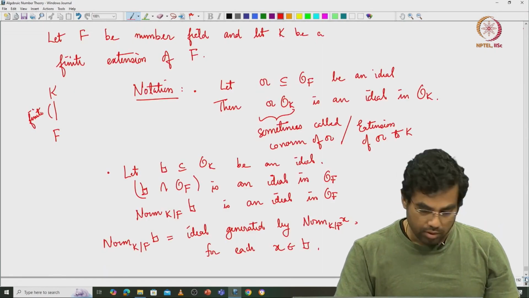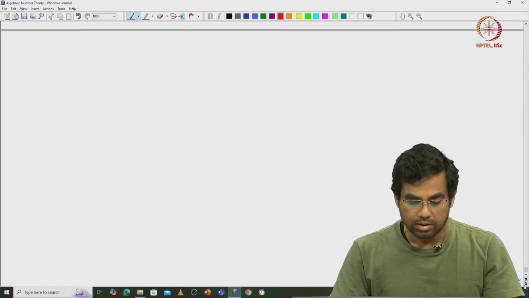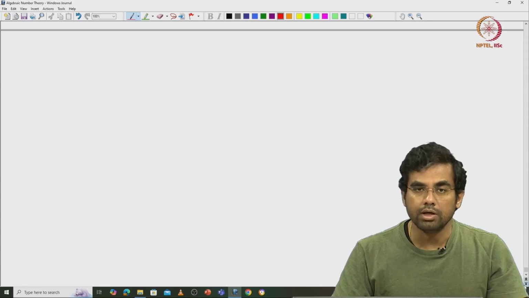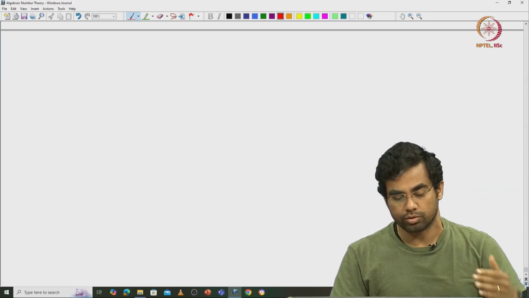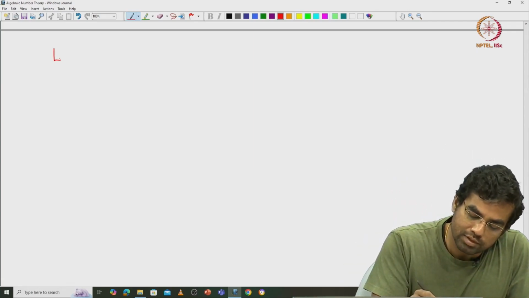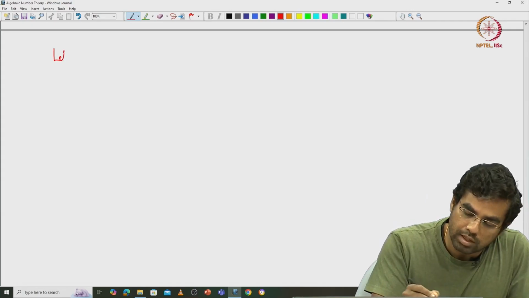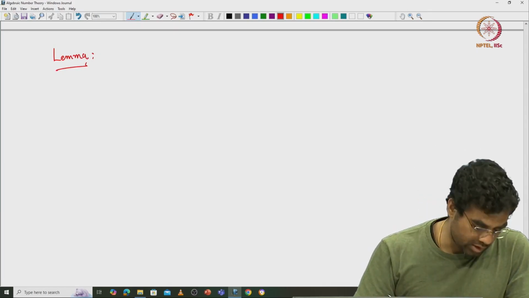We will study how properties of these ideals behave as you go up or you go down, but here is a curious lemma that I want to tell you about first. This is true in Dedekind domains, but not in general.